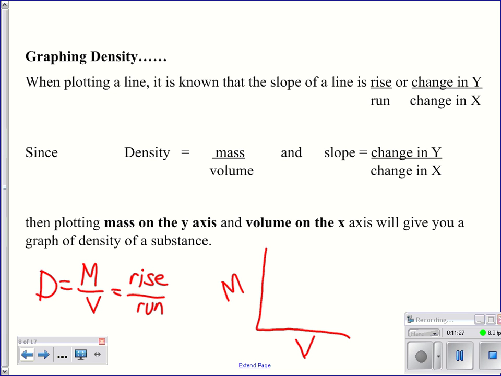So that's how we're going to graph density. When you get all these data points and you do your best fit line, which we're going to talk about, that best fit line, that slope, is representing your density. That's what that slope is.